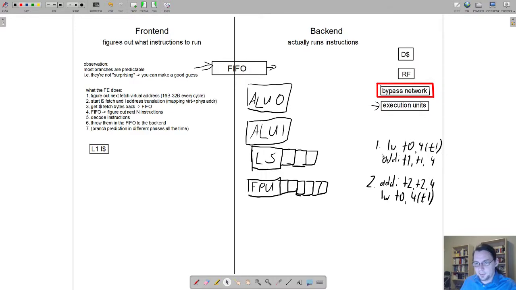If this address isn't naturally aligned, so if the result of T1 plus 4 is not a multiple of 4, then the machine can't execute it directly. There are instructions that can do these unaligned accesses, but regular load word cannot. So when you do that kind of unaligned access, that's an exception that will get reported somewhere.